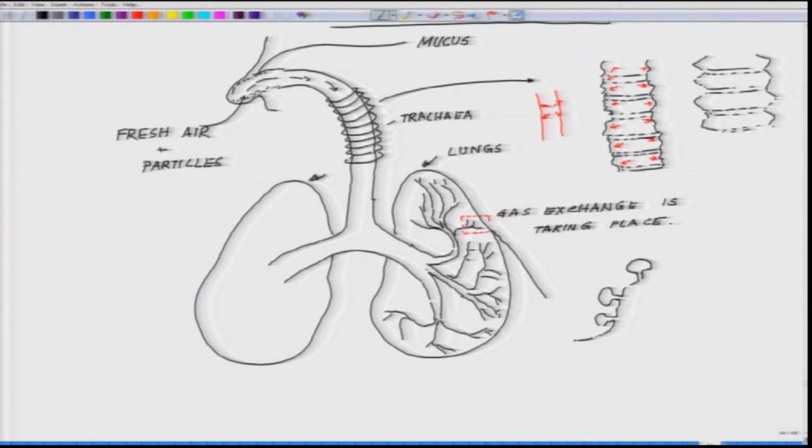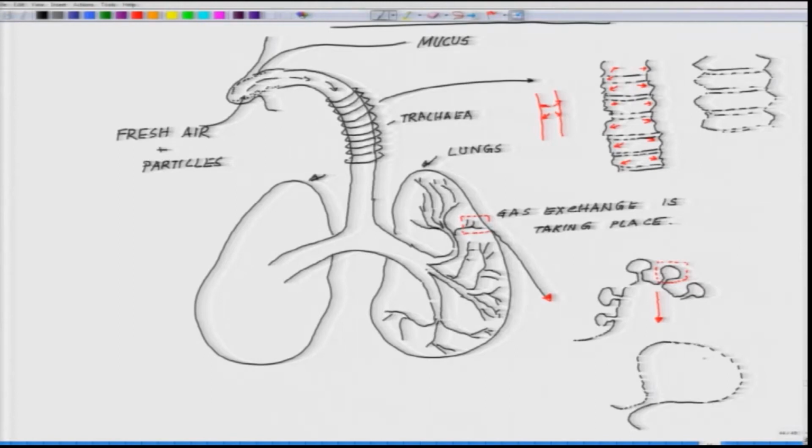These structures are called alveolar structures or alveoli, as if there are small pouches hanging at the end. If you look at these individual pouches further, this is the first level. At the second level, this is the individual pouch. This is how it looks.